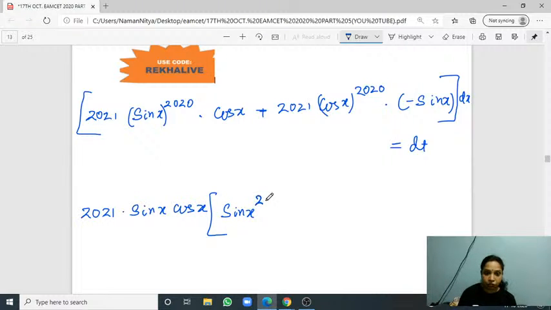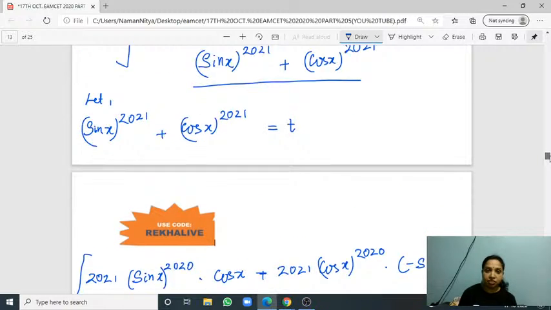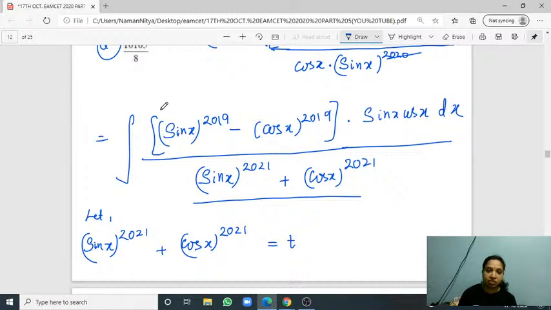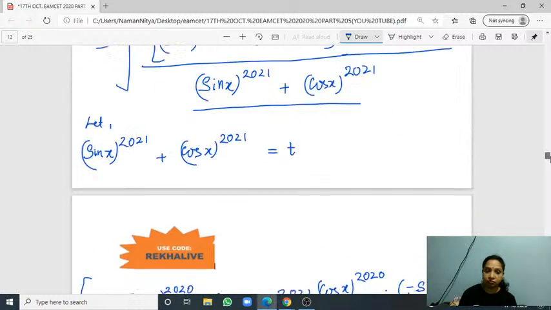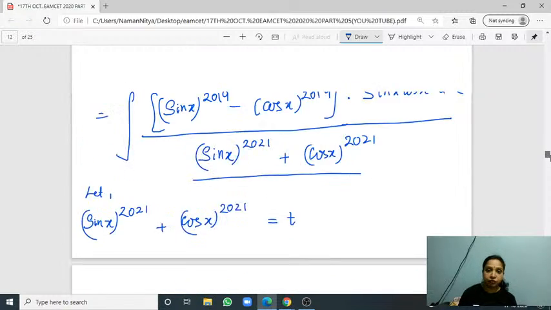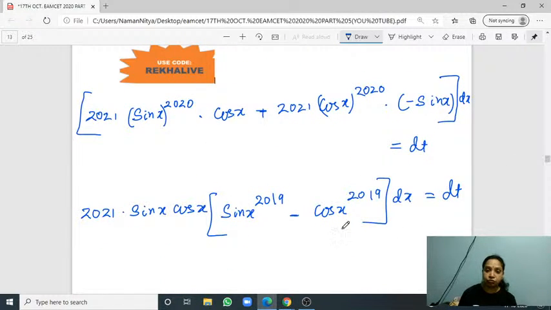Sin x power 2019, and here this sign will become minus, cos x power 2019 dx is equal to dt. Now you can check your integration. In integration we have this complete thing. Just check it out. This numerator is nothing but the same that we are getting here. Only 2021 is not there, that I will take to the right hand side.